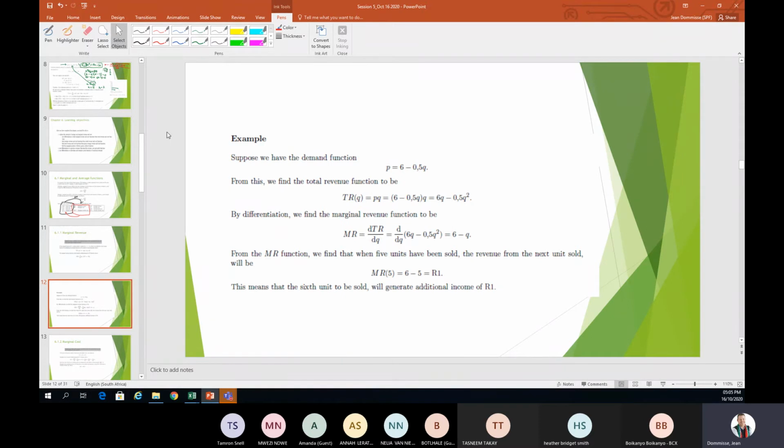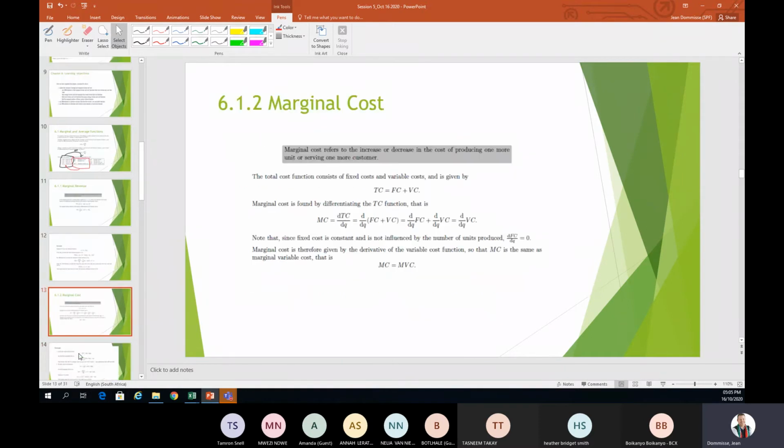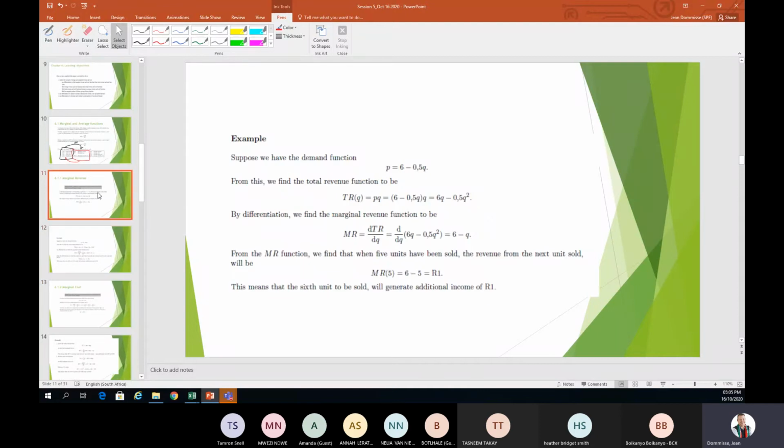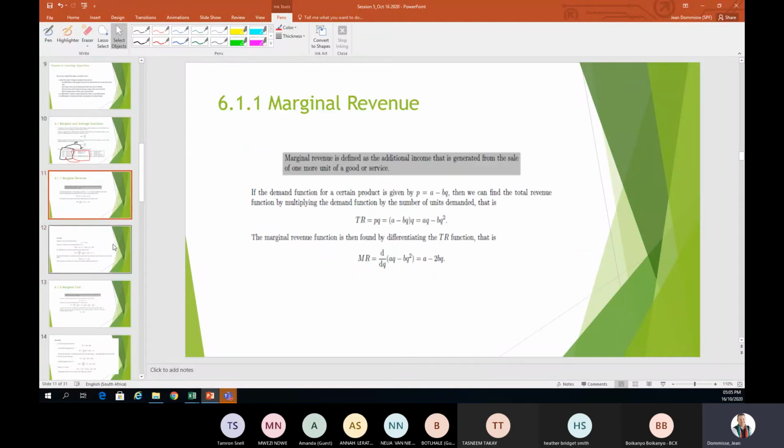So let's look at this one. I want to see if there's, so this was basically marginal revenue. So remember, total revenue was looking at the price of that thing that you are creating times how many of them you are creating.